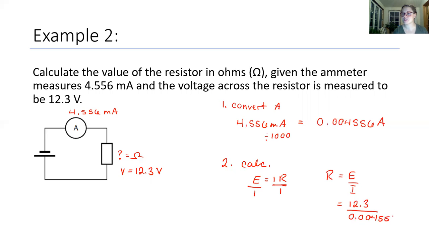When there's double digits, I sometimes miscopy things. So I have to kind of say it out loud and think carefully. This gives us a resistance of 2,697 ohms. We could write that in kilo ohms if we wanted, but that wasn't required for the question. So again, straightforward math, the conversions are the most difficult part.